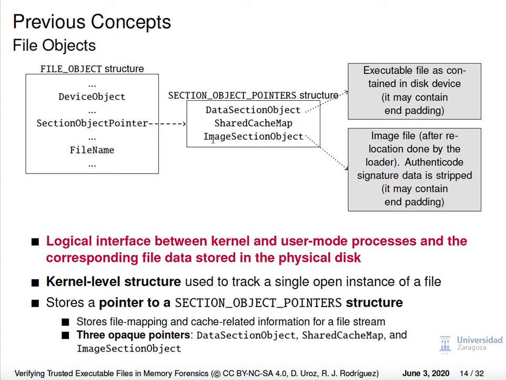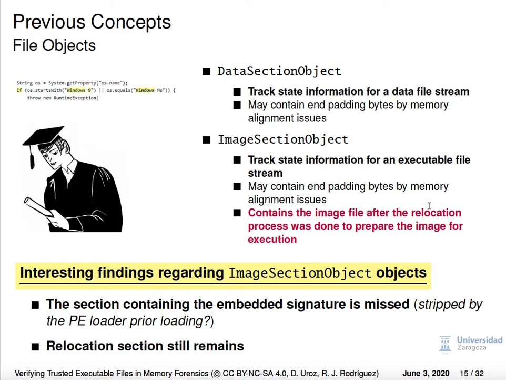In the case of the image section object, this contains the image file. This means after the relocation has been done, and it may also contain some encoding, and the authenticode signature data is stripped. So we found that the section that contains the signature is not there.